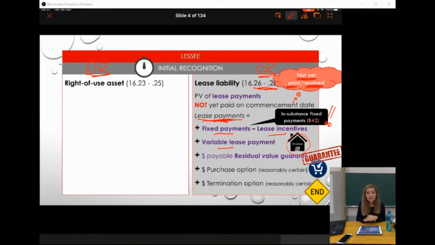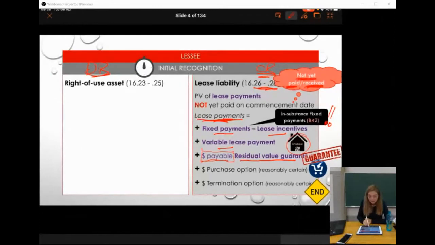Okay, then important, the lease payment also includes the amount payable in terms of a residual value guarantee. We'll look at what a residual value guarantee is just now again, but important that it says the amount payable in terms of the residual value guarantee. So not the full guarantee, only the amount that will be payable at the end of the lease in terms of that residual value guarantee.